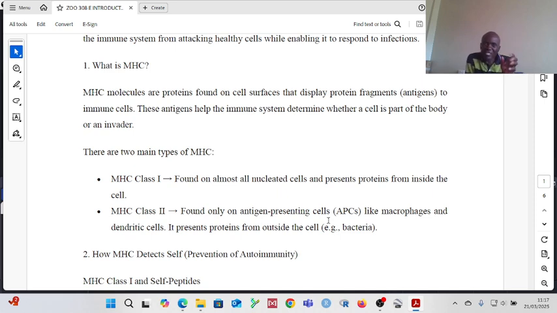If it is recognized as self, your immune system will tolerate it, so it does not attack your own body cells.